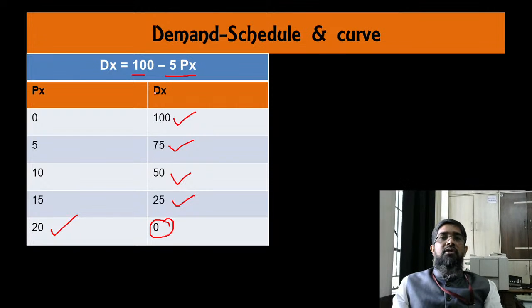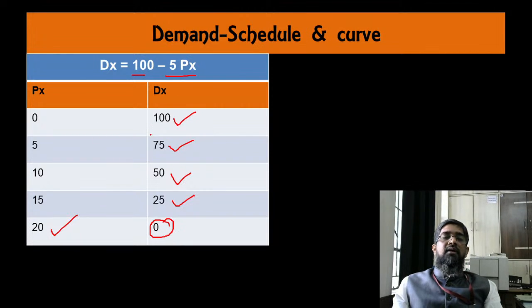Dear students, this is a simple equation which can be used for calculating demand values, and putting this in tabular form in rows and columns becomes the demand schedule. The column Px represents the price of x commodity and the second column represents demand for x commodity, right?